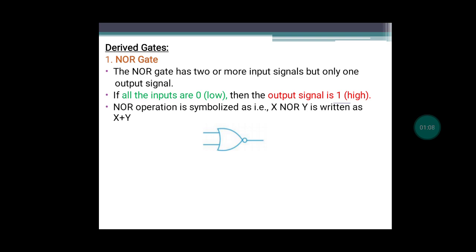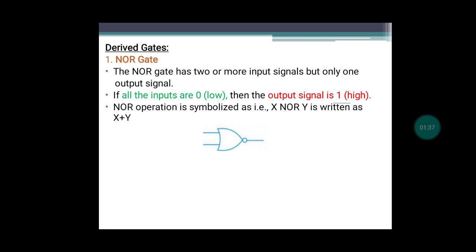Okay, the first one is NOR gate. See, the name itself suggests it is a combination of OR and NOT gate. This gate also requires minimum two input signals, and it produces only one output signal.